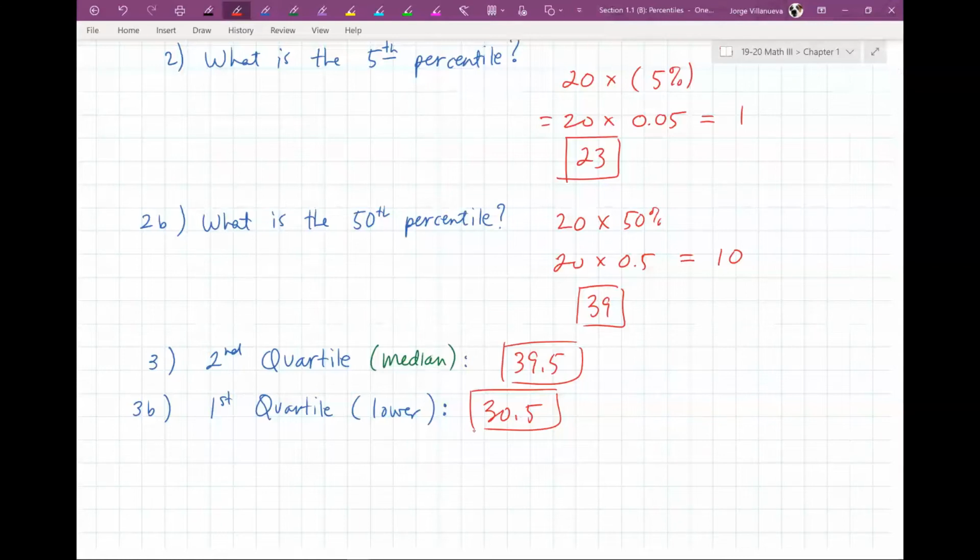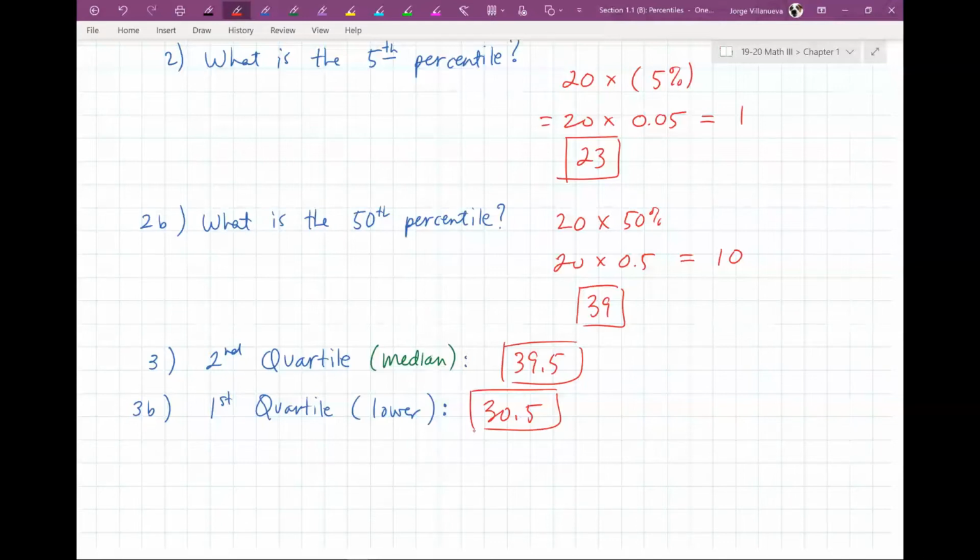So 1, 2, 3, 4, 5. It's between 69 on the 5th column at the bottom and 69 on the top of the 6th one. So it's between 69 and 69. What's between 69 and 69? 69. That's what it is, right? So for number 3, you're going to put a 69 there. That's the second quartile, the median.